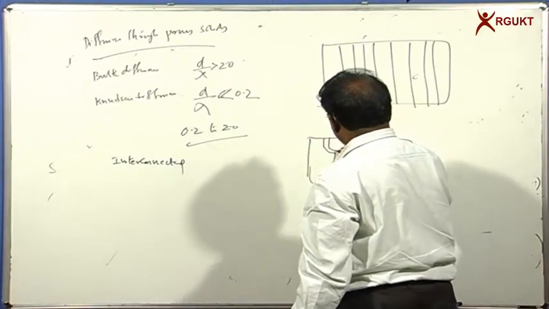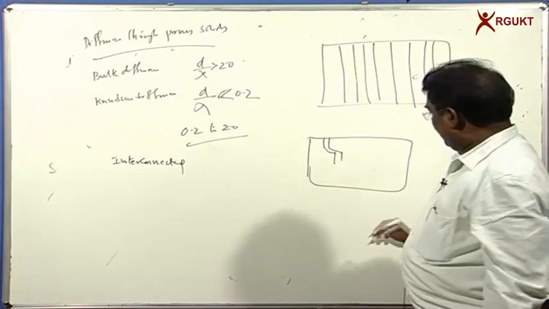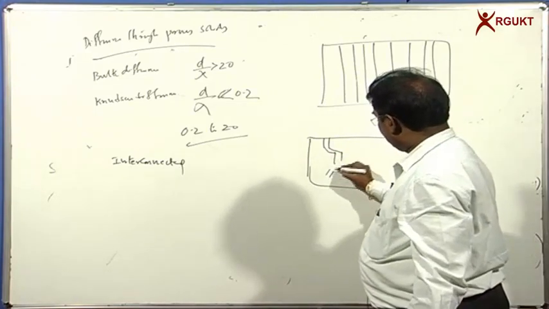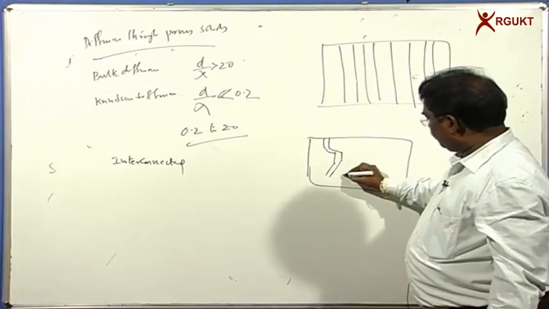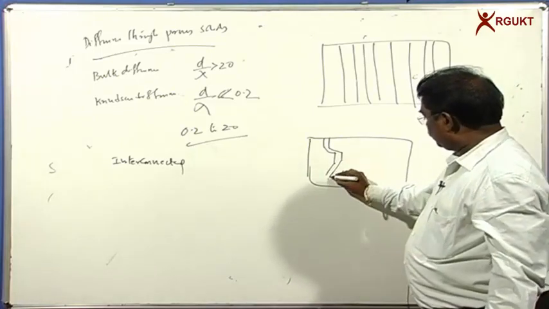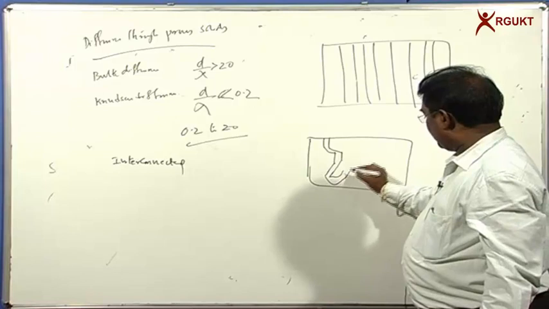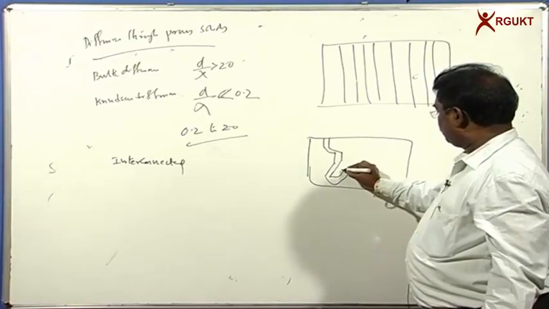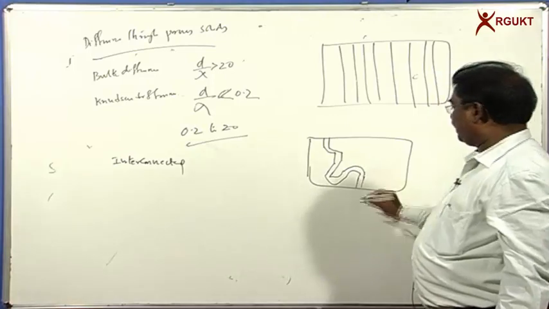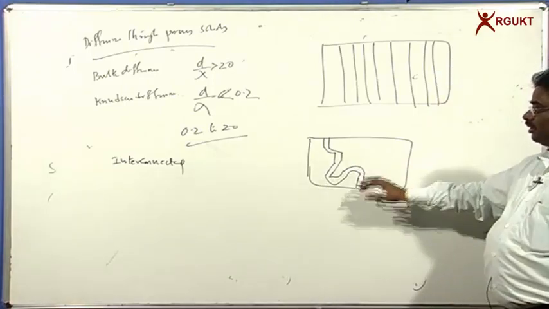This pore and this pore are going to be connected. Maybe I have a pore like this, and this pore and this pore are connected. Maybe I have a pore here, and this pore and this pore are connected. Now if you see, these pores are interconnected.